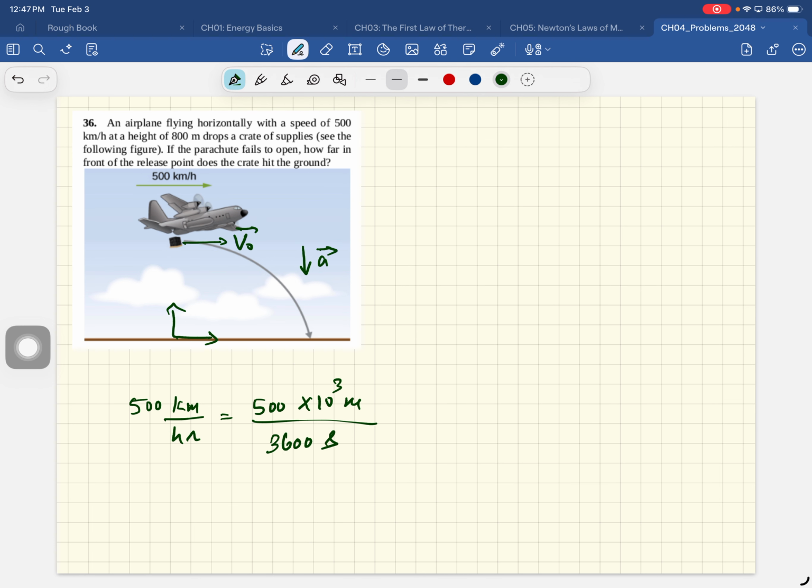So I'm converting that to meters per second. And you can see that this is just taking this number and dividing it by 3.6.